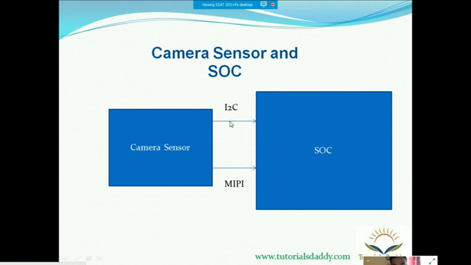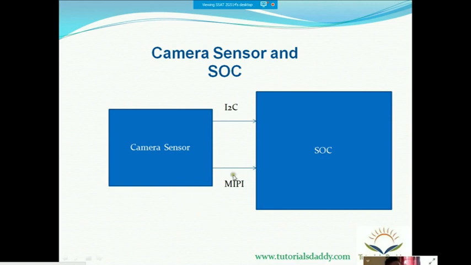Don't go with the direction of I2C in the diagram, this direction is wrong actually. The camera sensor gets the command from the SoC using the I2C interface, and along with that we have the MIPI interface which is connected to the camera sensor. All the data frame transmission happens using the MIPI interface.